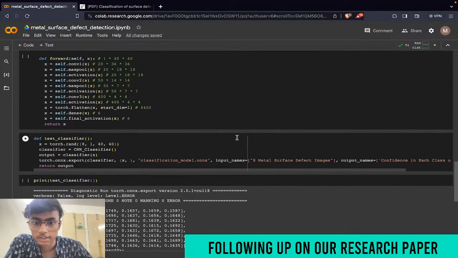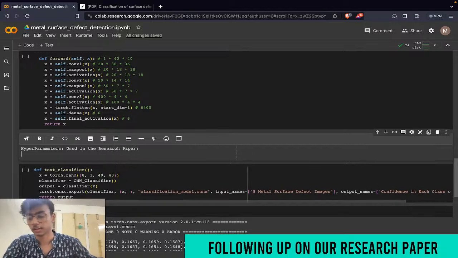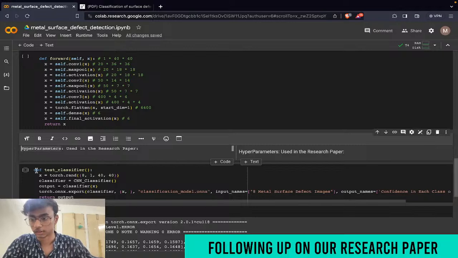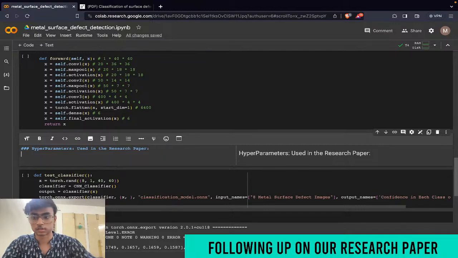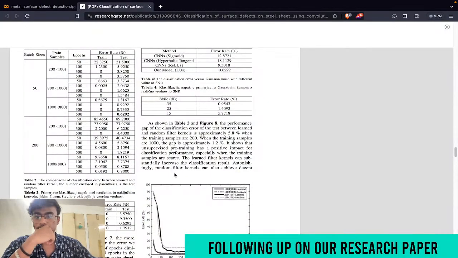So let's have a markdown here. We'll say hyperparameters used in the research. So let's quickly go through them.